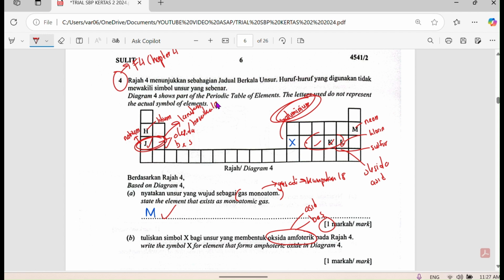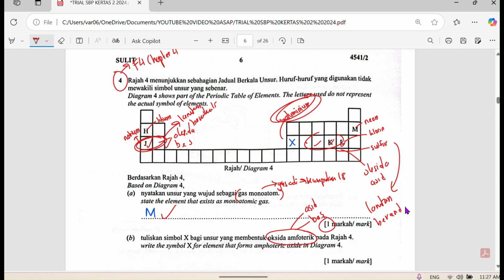If let's say you mix either sulfur oksida or chlorine oksida, it will form larutan what? Larutan beras id lah. Larutan berasid.